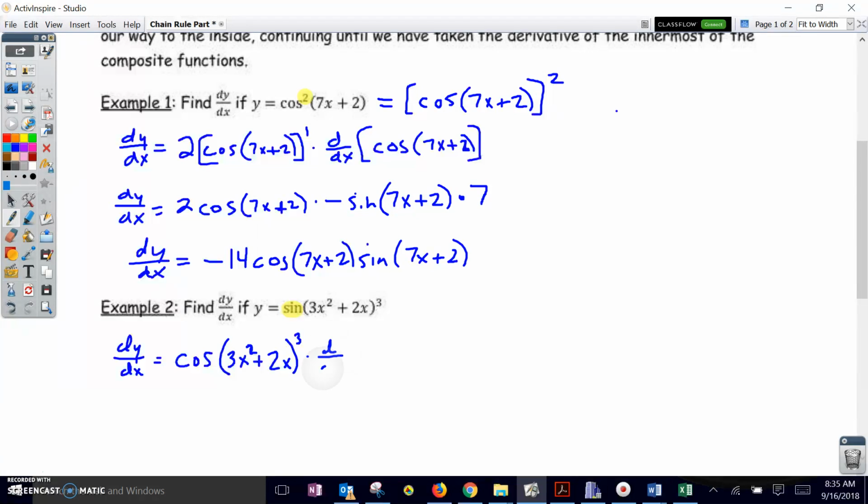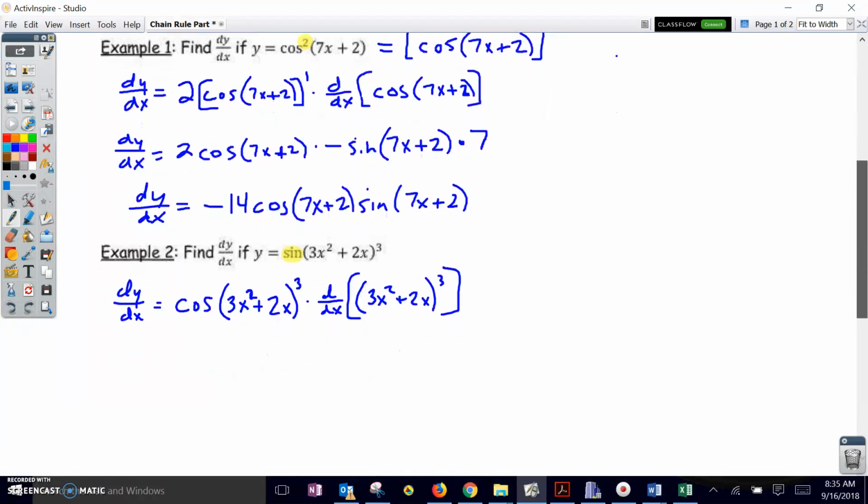times the derivative of the inside. And what's inside the sine function is the quantity 3x squared plus 2x raised to the third power. And now I'm going to take the derivative of that. So I still have my cosine of 3x squared plus 2x raised to the third power.